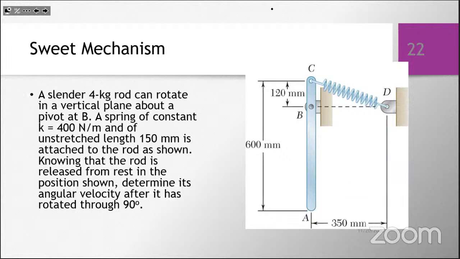I've got a slender rod that's 4 kilograms, and it can rotate in the vertical plane about a pivot at point B. A spring of constant 400 Newton per meter and of unstretched length 150 millimeters is attached to the rod as shown. Knowing that the rod is released from rest in the position shown, determine the angular velocity after it has rotated through 90 degrees.